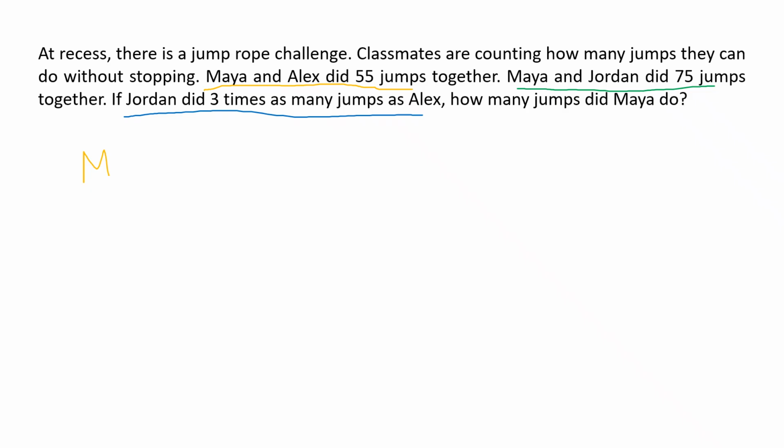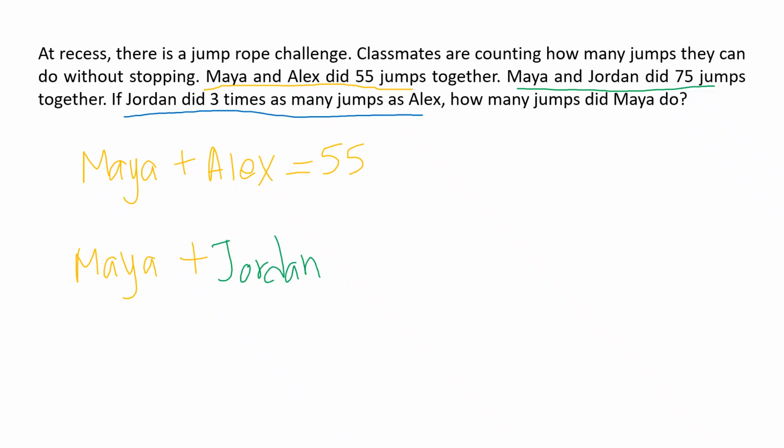Maya plus Alex gets us 55 jumps. And we have that Maya plus Jordan is a total of 75 jumps together.